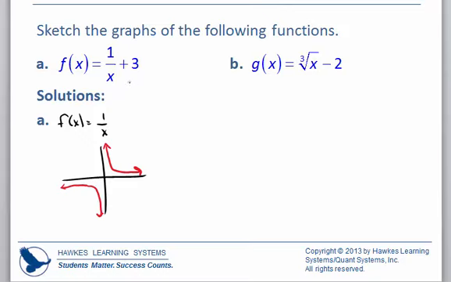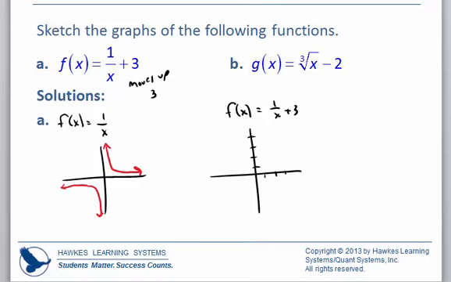This is going to cause the graph to move up 3 units. You're basically going to need to take each piece of this graph and move it up 3 units.